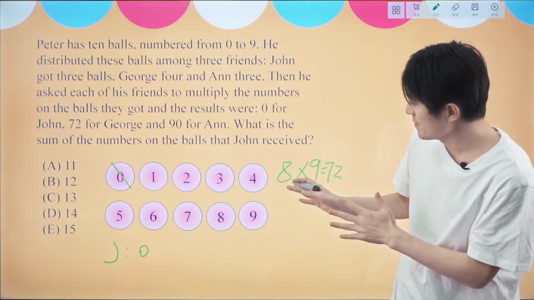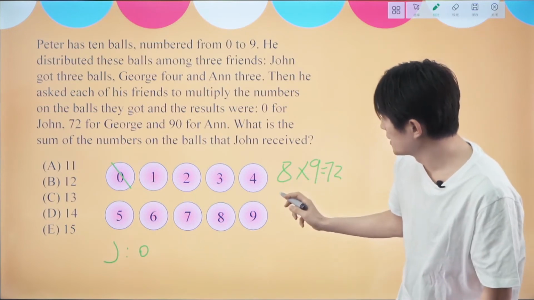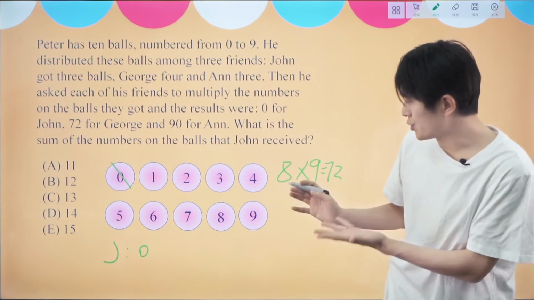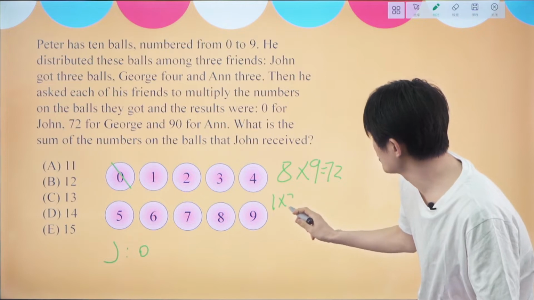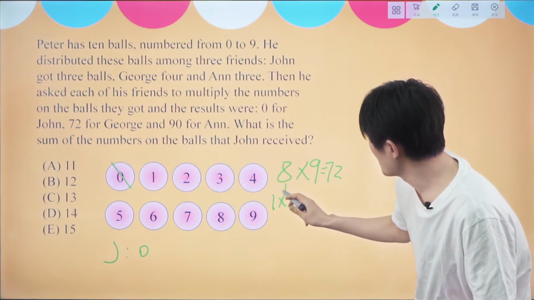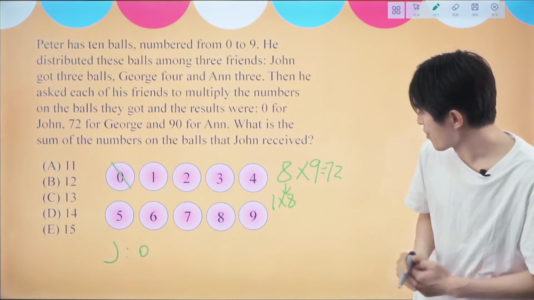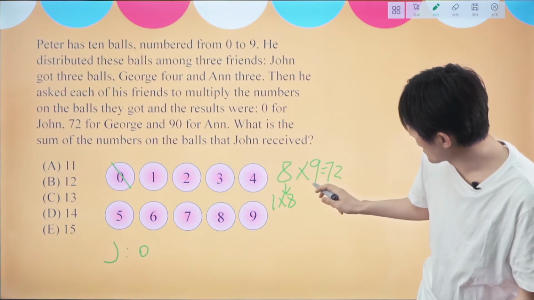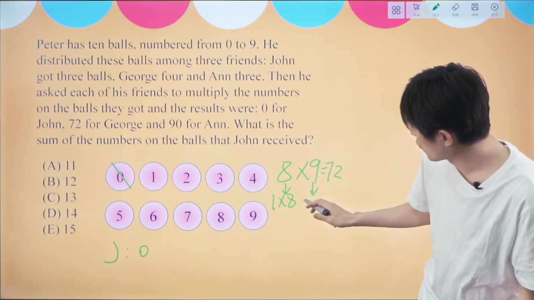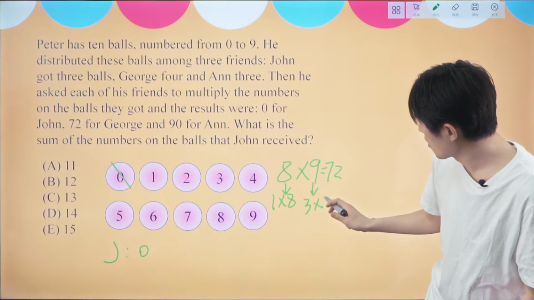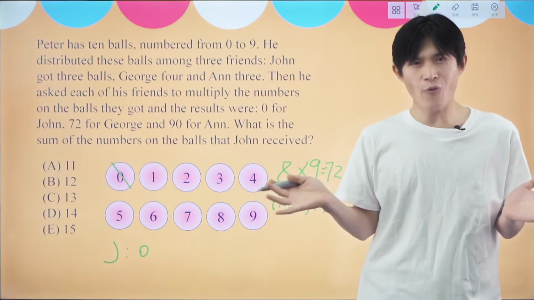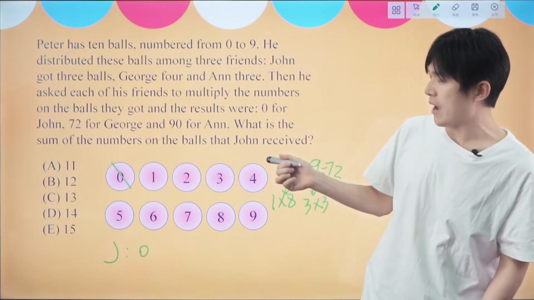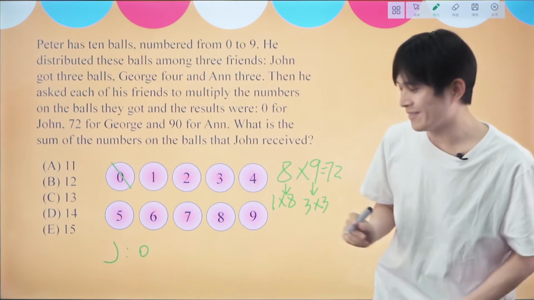1 times 8 is 8. And then we have 3 times 3 is 9, which is not right because we only have one 3.